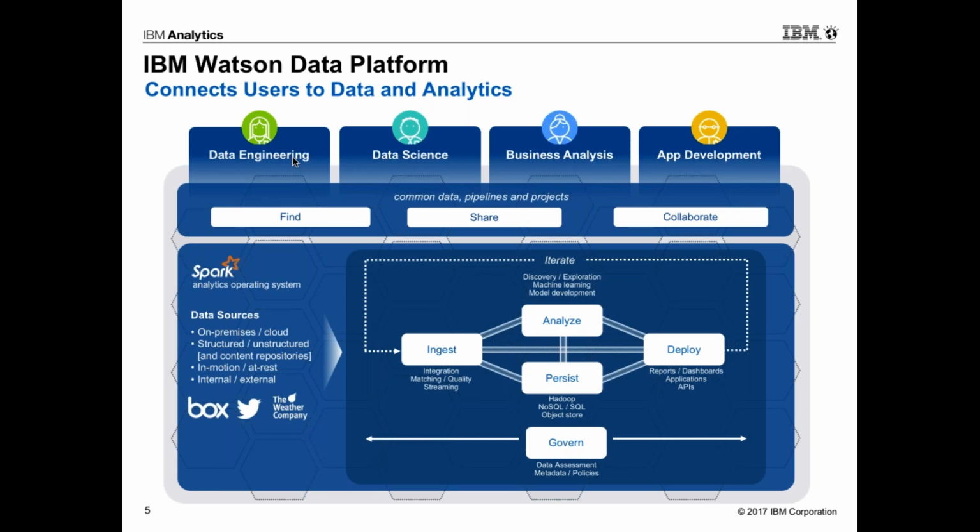The overall method that it follows is first we ingest the data, and then we do discovery, cleansing, preparation and analysis, and then deploy that analysis, cleansing and functions to a report, a dashboard, applications or APIs.